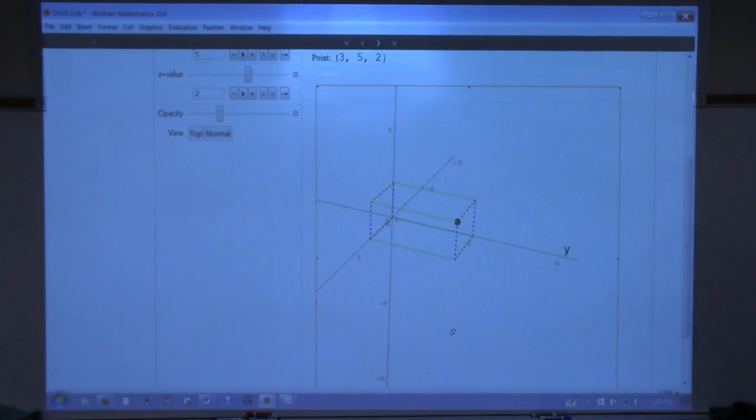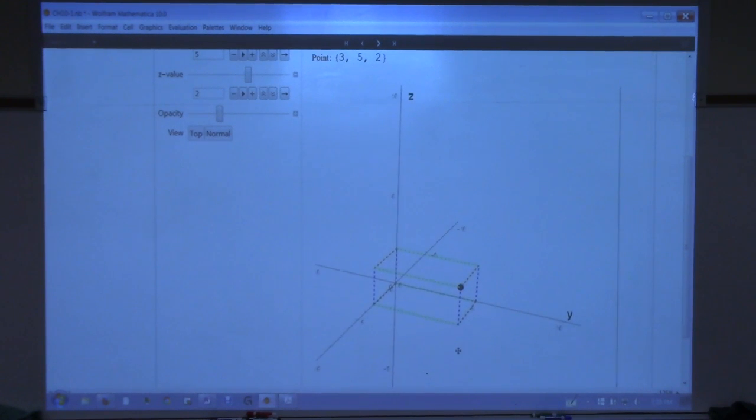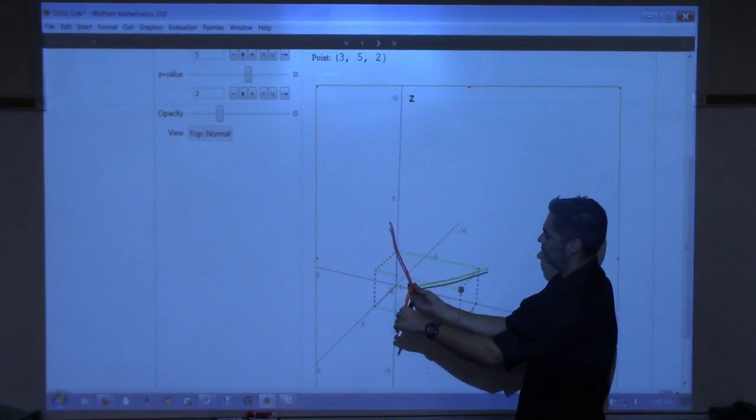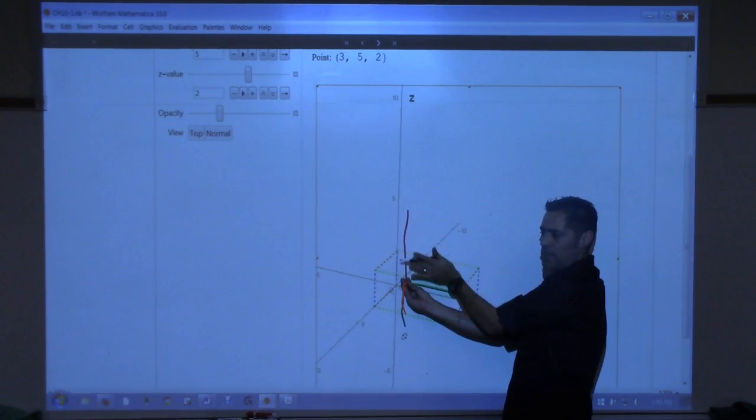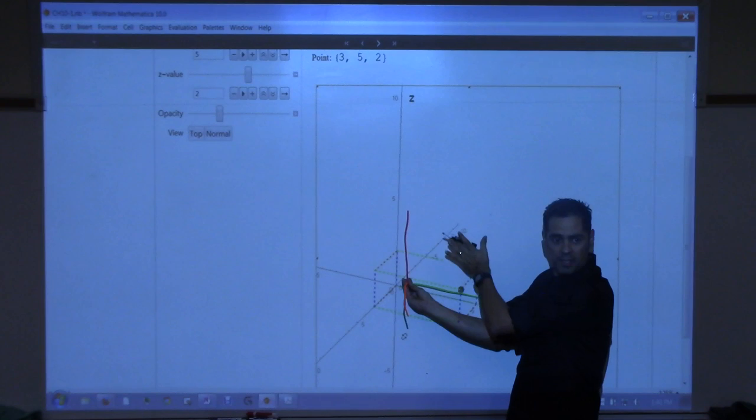Then we also have what we're going to call the YZ plane. So the YZ plane would be the plane that cuts through the Z and the Y axis. So it's like a sheet of paper here. It's like a wall, isn't it?